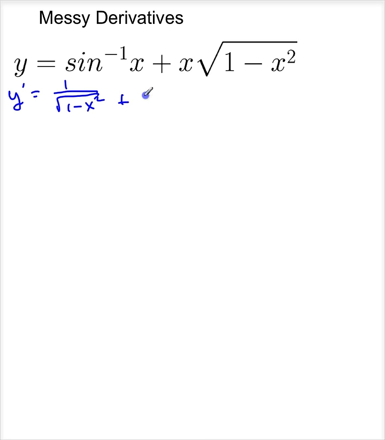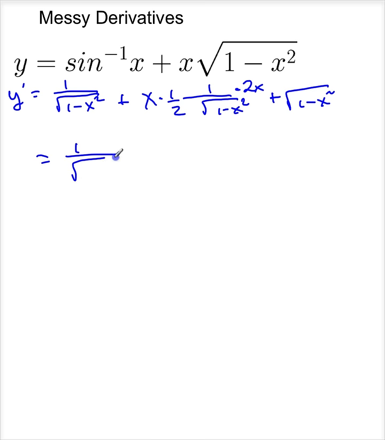So this is x times the derivative of the square root of 1 minus x squared. So it's going to be times 1/2, and then 1 over the square root of 1 minus x squared times 2x, and then plus the second, the square root of 1 minus x squared, times the derivative of the first, which is just 1.